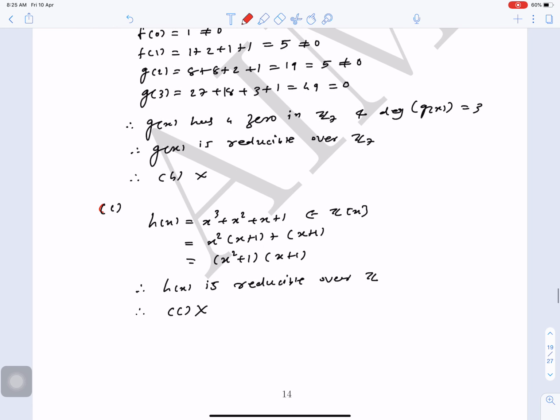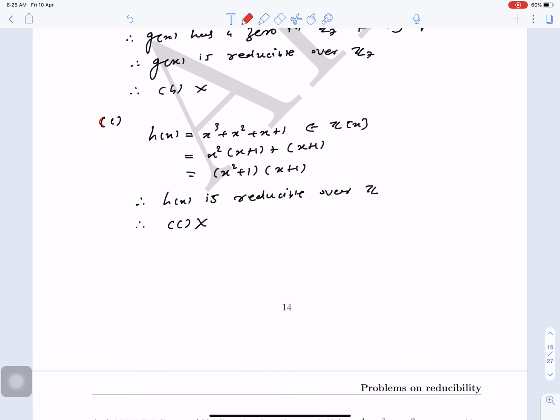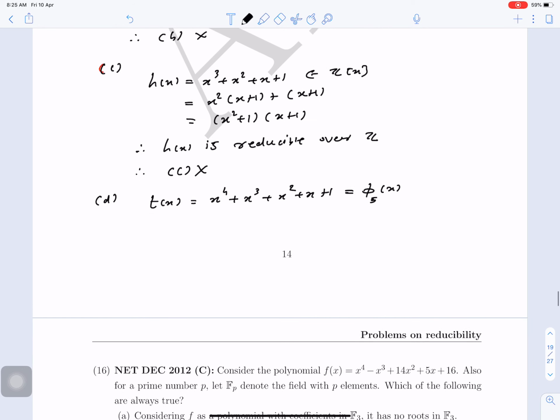Now for option D, let T(x) be equal to x raised to 4 plus x cube plus x square plus x plus 1. But this is what? The fifth cyclotomic polynomial.